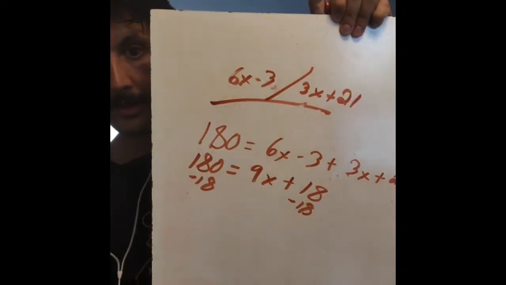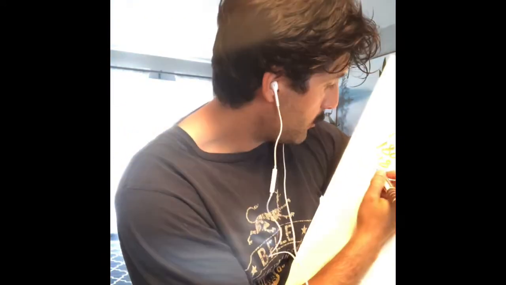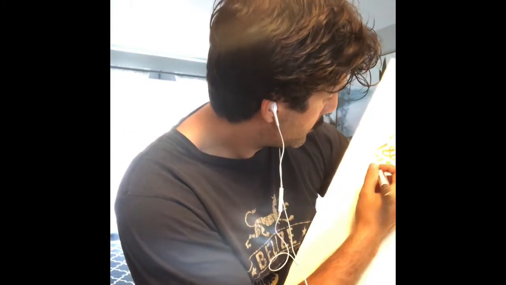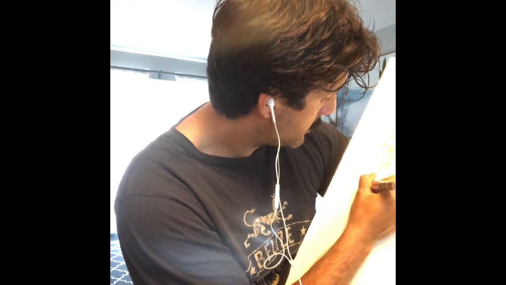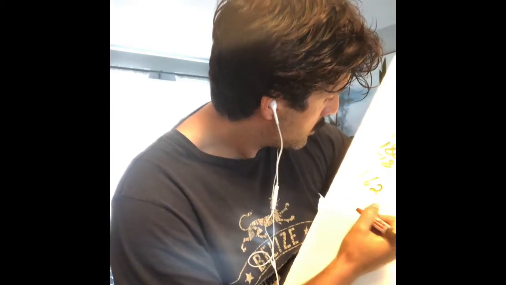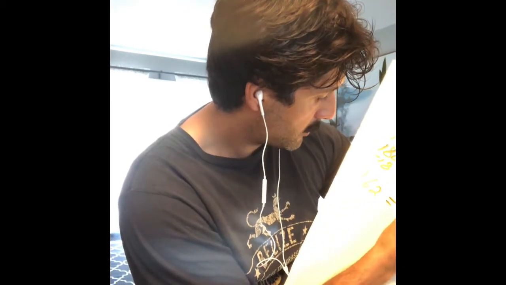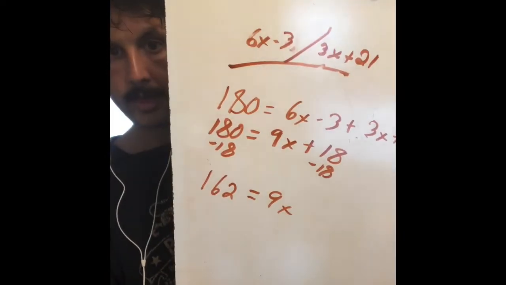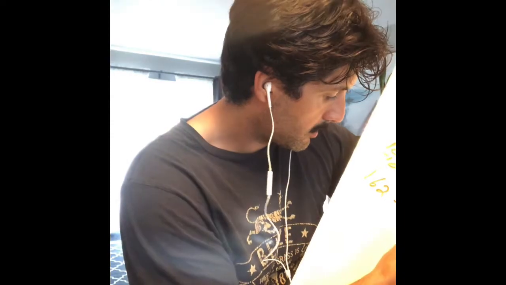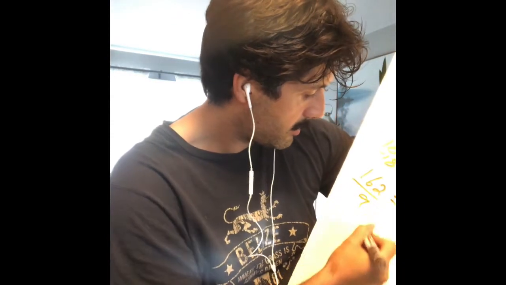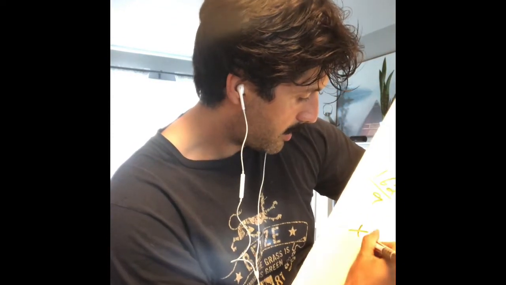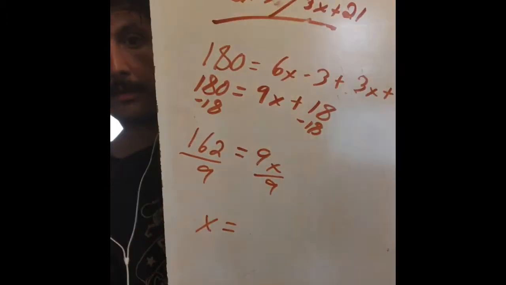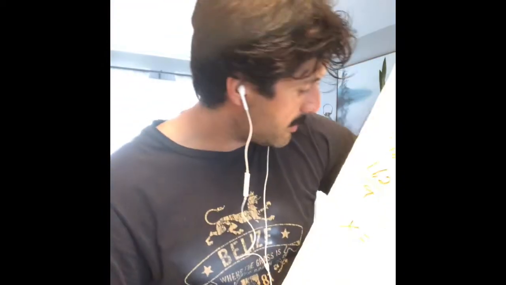So I've subtracted 18 from both sides, and we end up with 162 equals 9x. 162 equals 9x. Divide by 9. Divide by 9. X is equal to, so 162 divided by 9.